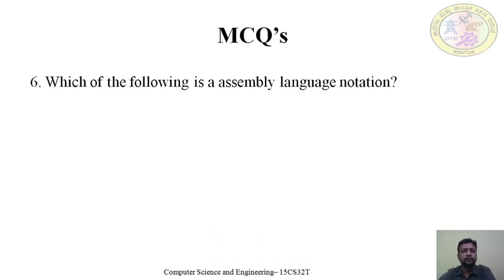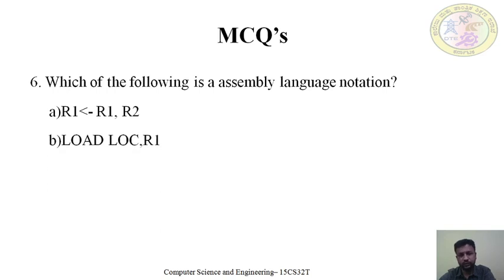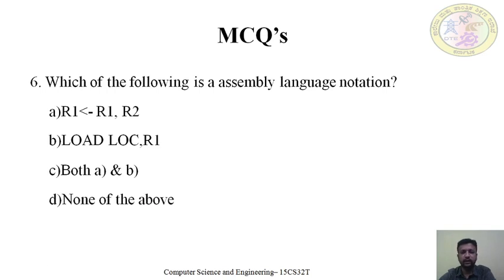Sixth question. Which of the following is an assembly language notation? A, R1 left implies R1 comma R2. B, load LOC comma R1. C, both A and B. D, none of the above. Option A looks like register transfer notation, so it is not assembly language, so A is wrong.